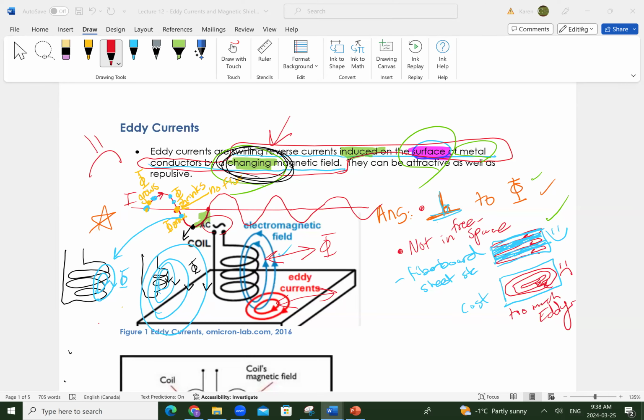Dealing with a lot of current, and current brings heat. What kind of current? The eddy flavor. Transformers, you said, deal with a lot of current. Transformers, what's another word for deal with?